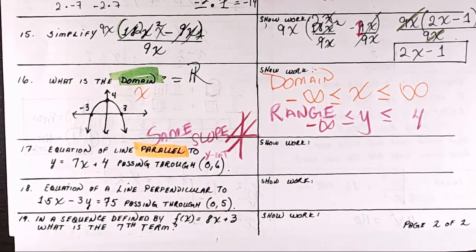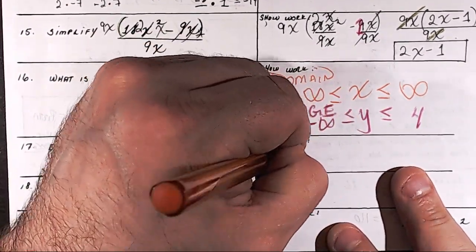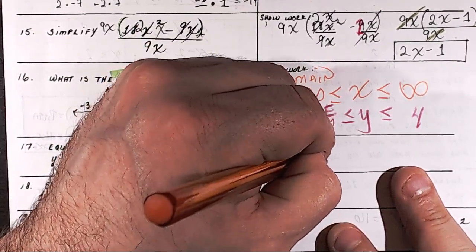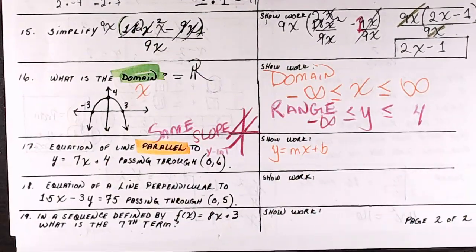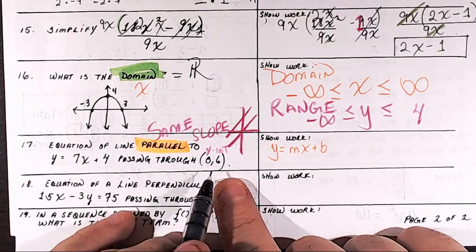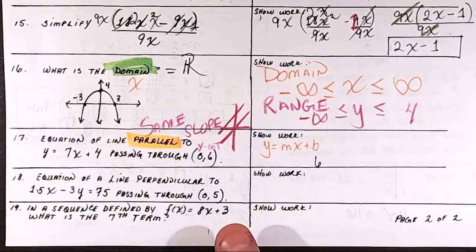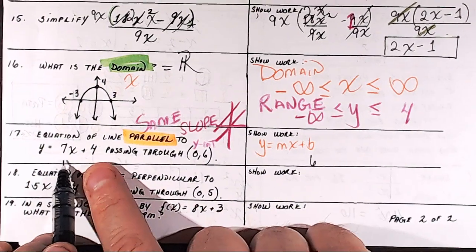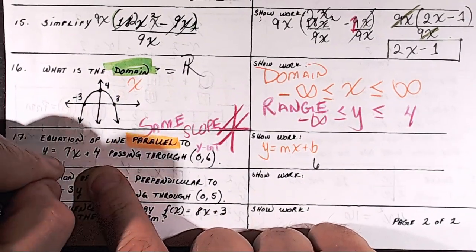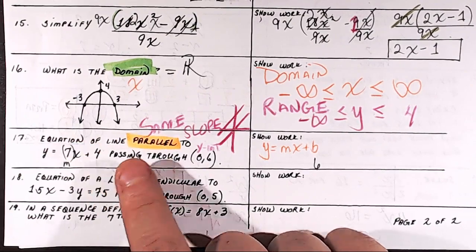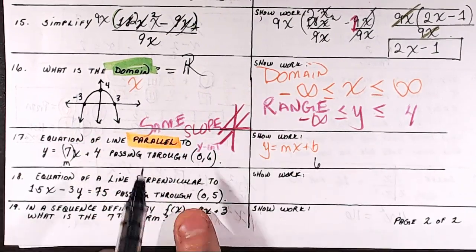Now look, the equation of my line, y equals mx plus b, I can already fill it out because I know the y-intercept, which is the b value, that's 6, and I know the m from the original equation because it's going to have the same slope since it's parallel.